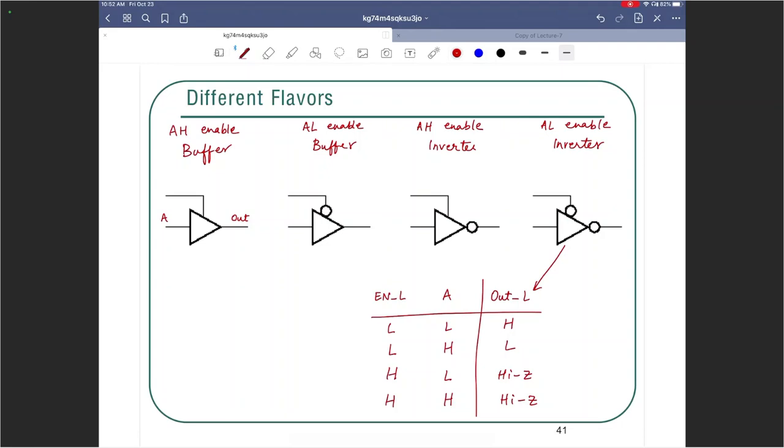So in this manner, we have already written this on the previous slide, but you can also write the truth table of these two tri-state buffers. Questions about the different flavors of buffers? What their symbols mean, and whether you are able to write the truth table of each of them.